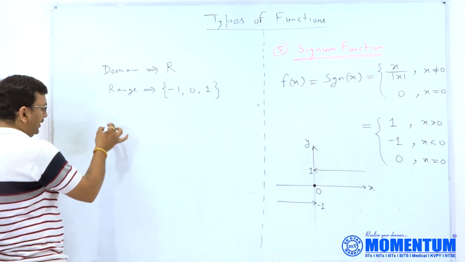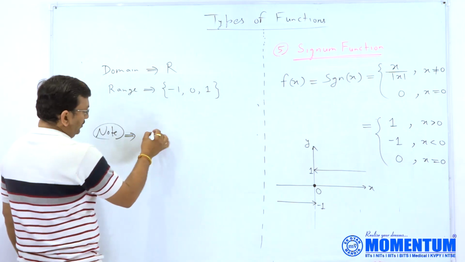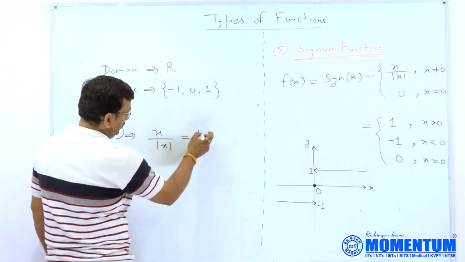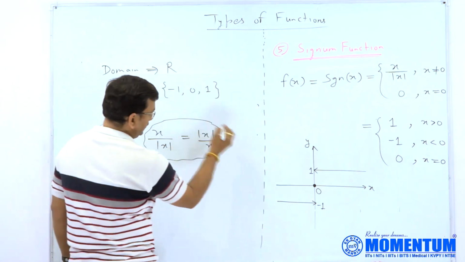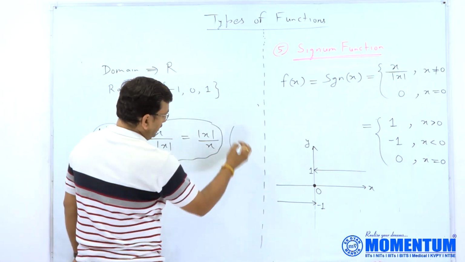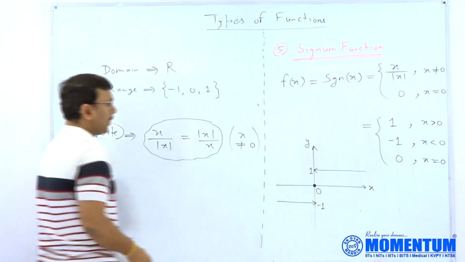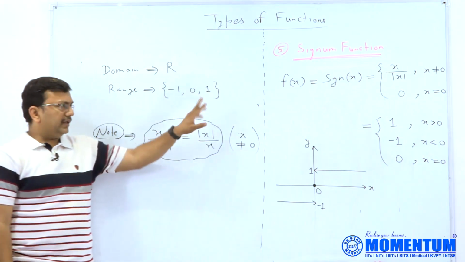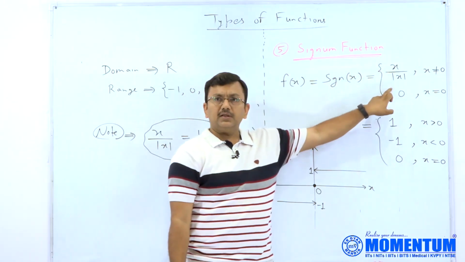Students, I am writing a note here. Remember, x upon mod x is equivalent to mod x upon x, for x not equal to 0. I wrote this because in the definition I have written, signum x is x upon mod x.